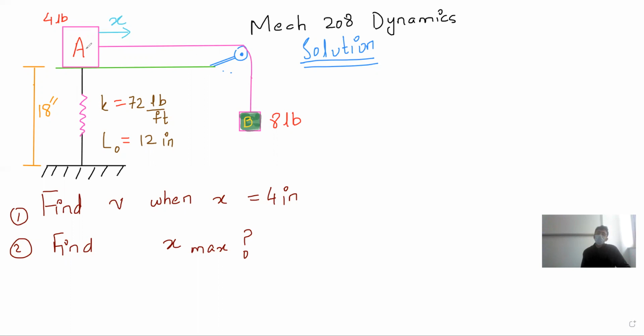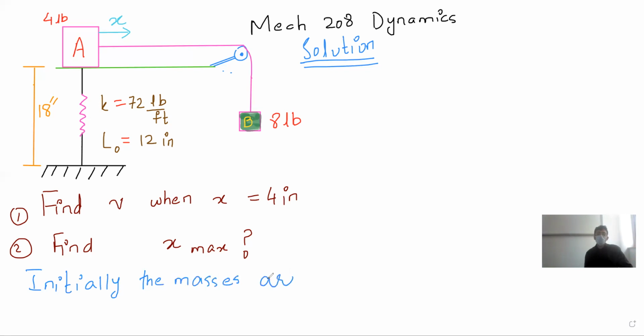So the question says, find the velocity when x is equal to 4 inches. So I think one essential piece of information that I did not give you is that both of these fellows are starting from stationary. So initially, it should be written in the question, the masses are stationary.